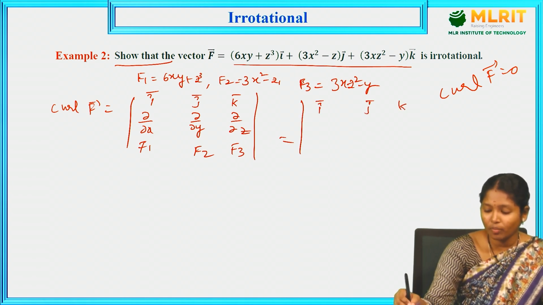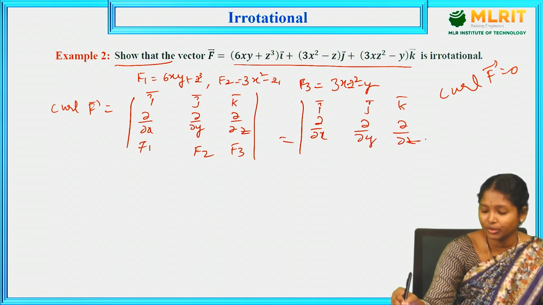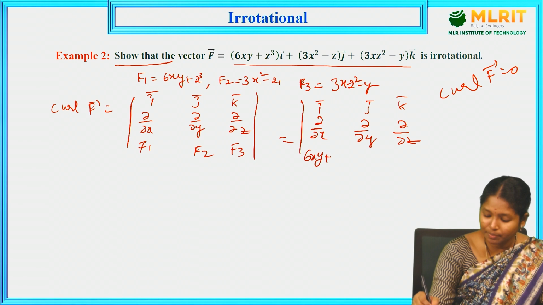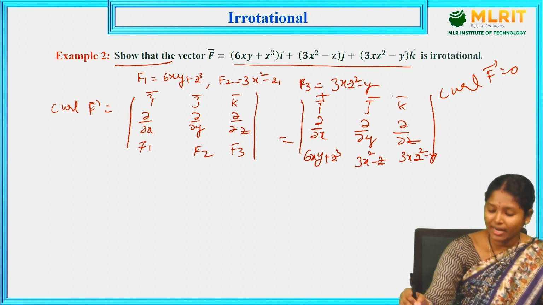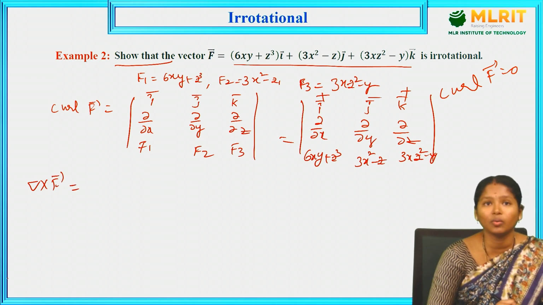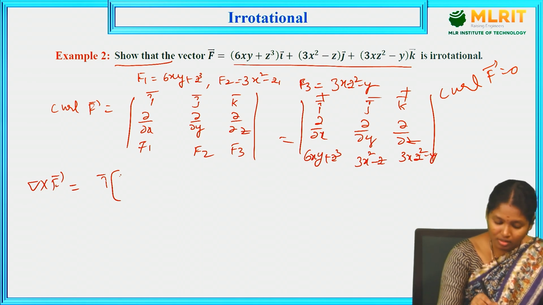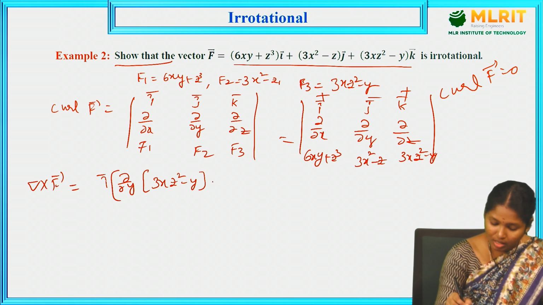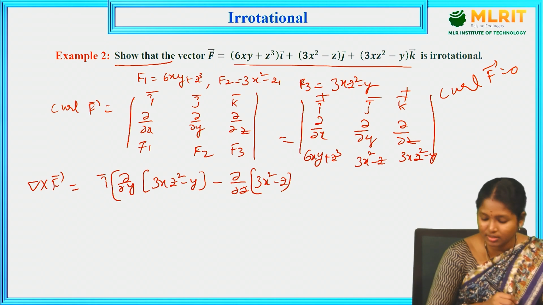What is f1, f2, f3? In the given problem, the i bar coefficient, j bar coefficient, k bar coefficient, right? So we will substitute in the curl f bar: 6xy plus z cube, 3x square minus z, 3xz square minus y. So plus minus plus. So del cross f bar or curl f bar equal to i bar into, first row first column will be eliminated, right? So dou by dou y of 3xz square minus y minus dou by dou z of 3x square minus z.